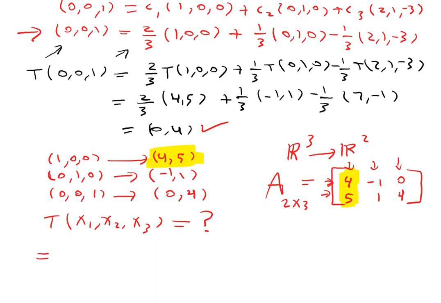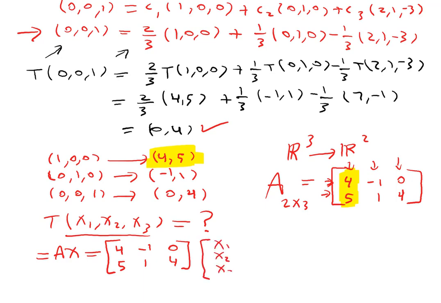Because that's going to equal A times x, which is A, we just wrote that, 4, 5, negative 1, 1, 0, 4, times x. You know what's x? I already have it right there. That's my x, which is x1, x2, x3.